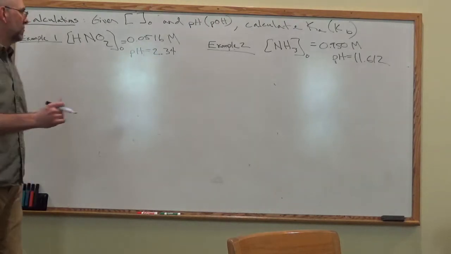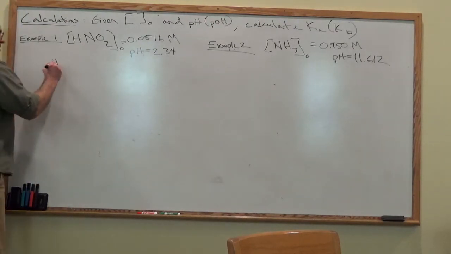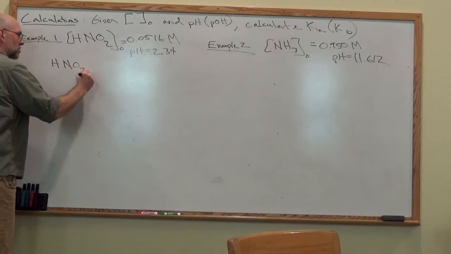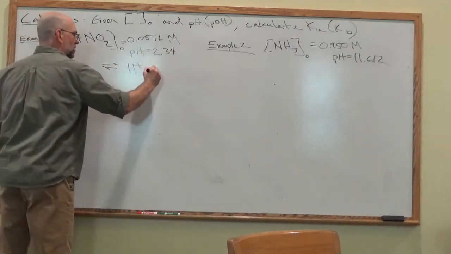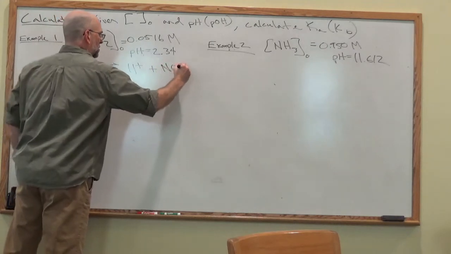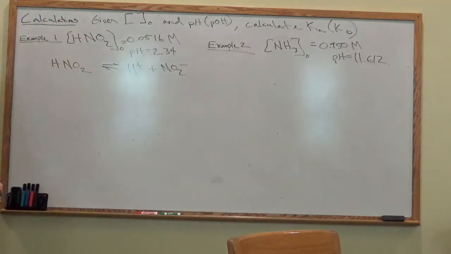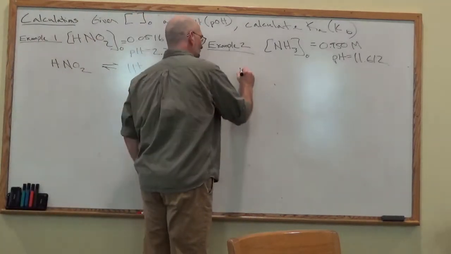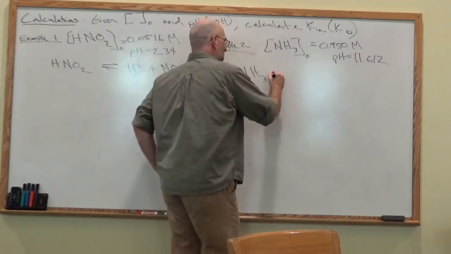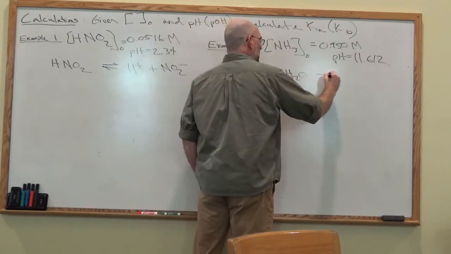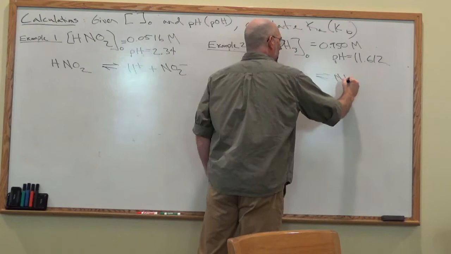So for this equilibrium, we're going to write HNO2 in equilibrium with the shorthand version. Okay, this is a base, so molecule B plus water in equilibrium with ammonium.